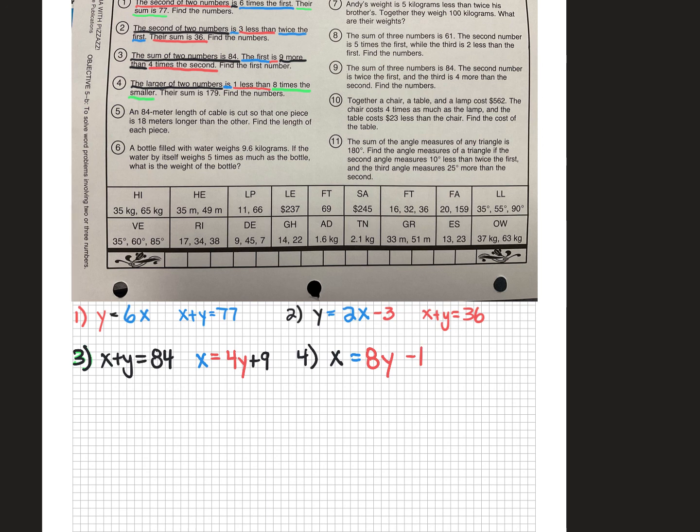So there's that first one. The sum is 179. That should be really easy. x plus y equals 179. So the sum questions are really, really easy.